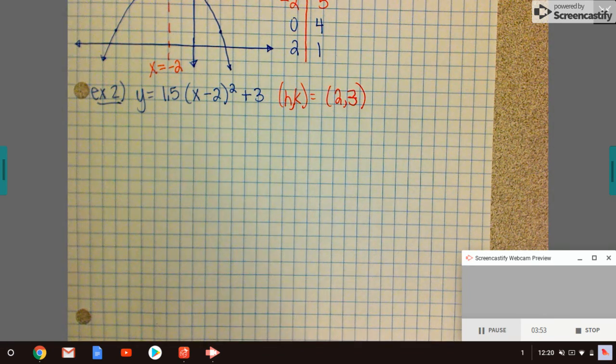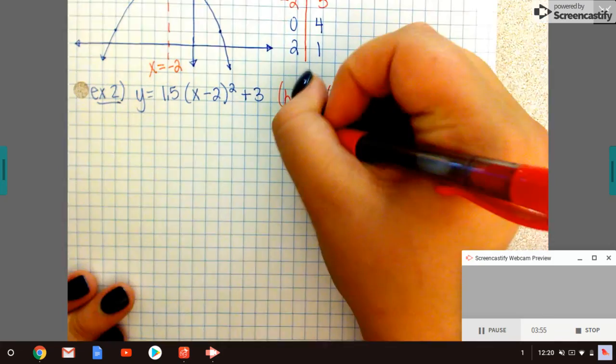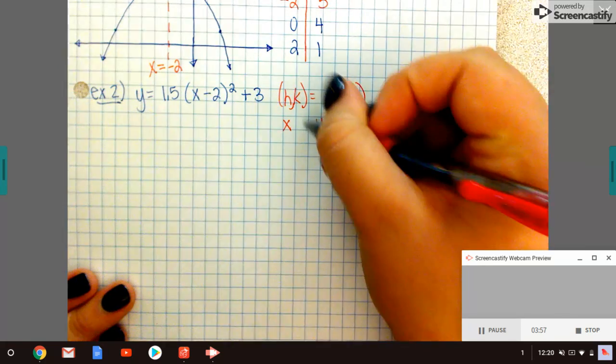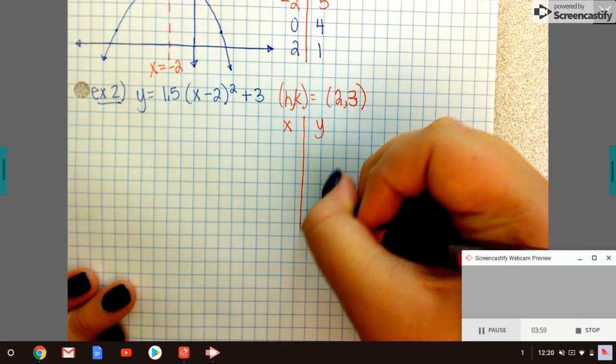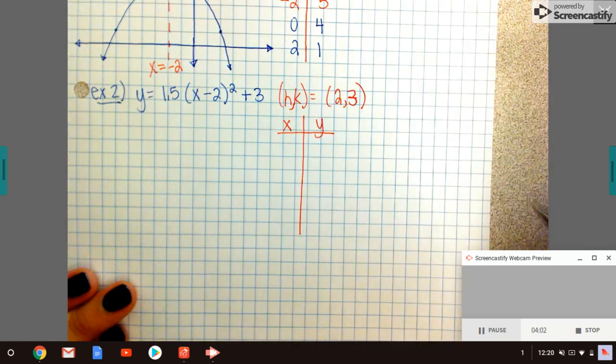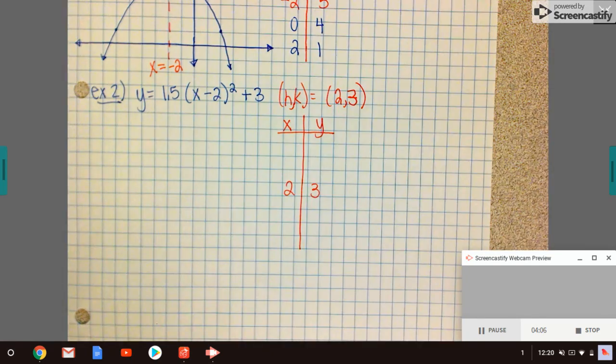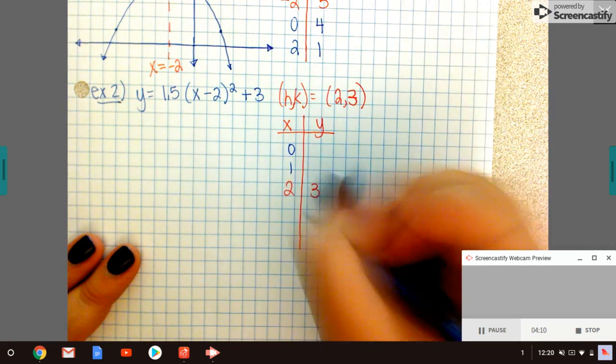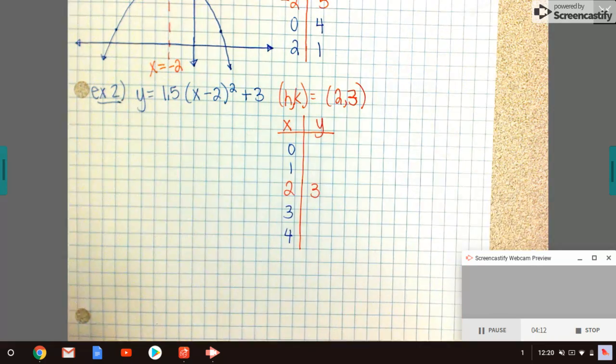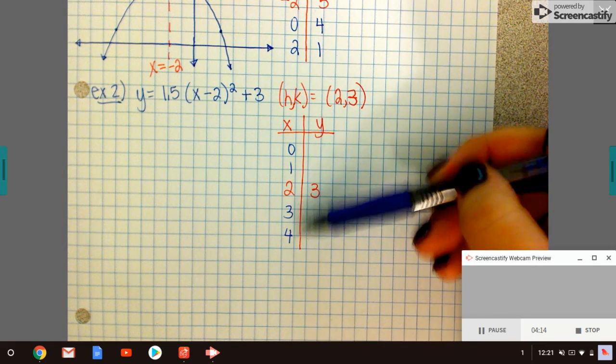All right, we can plot a table from there, so let's do that again. Our x and our y, and put our 2, 3 right in the middle. We'll go to the left and to the right. To the left of it is a 1 and a 0, and to the right is a 3 and a 4. And then we're going to plug each one of these in.